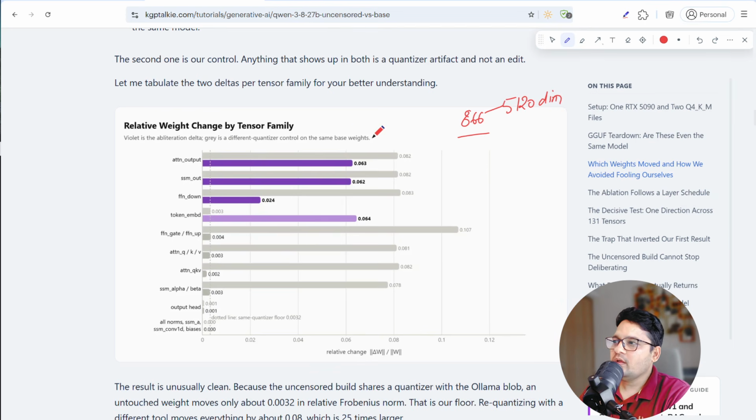Now these 866 tensors are coming from different blocks. They are coming from the attention output, the SSM output, the linear attention state output, and the full attention state output. The feed forward neural network is there, the token embedding layer is there, and then you have the feed forward neural network gate, and the attention query, key and value projection vectors, and many other things here.